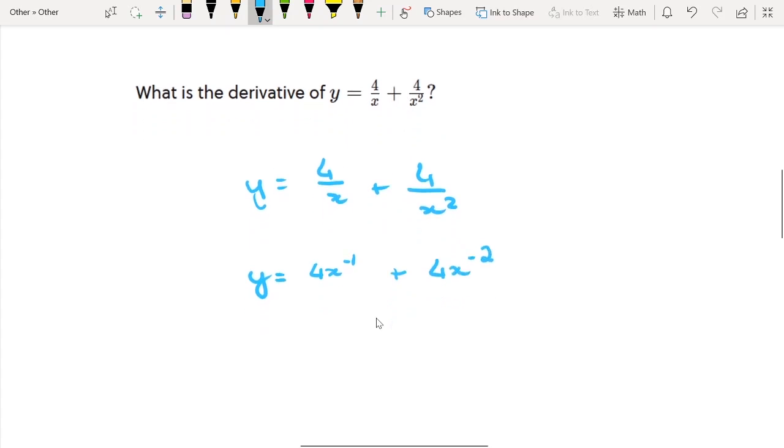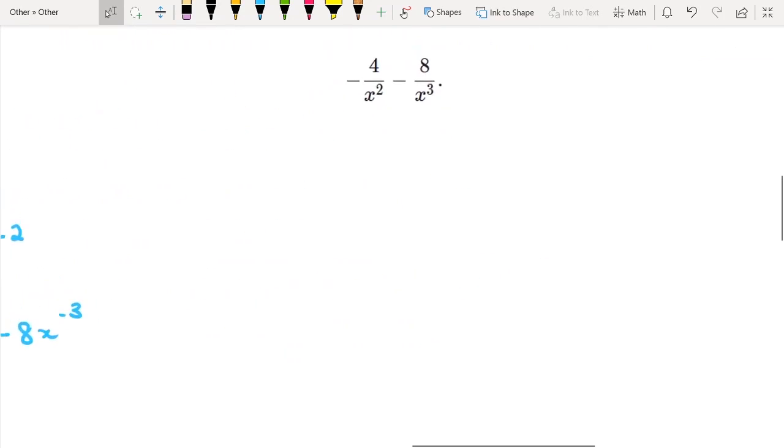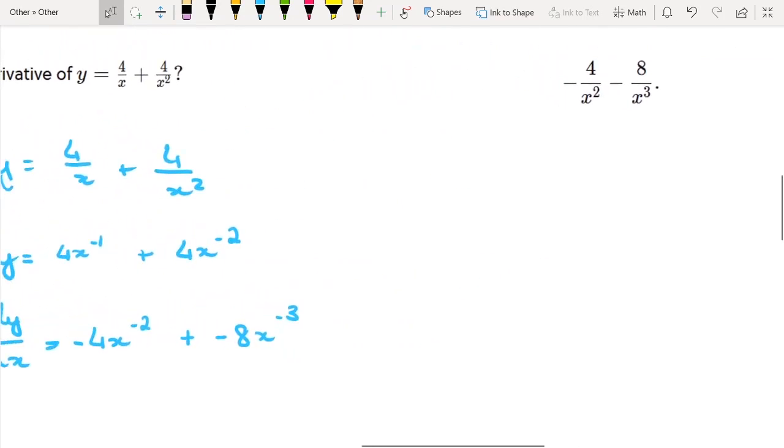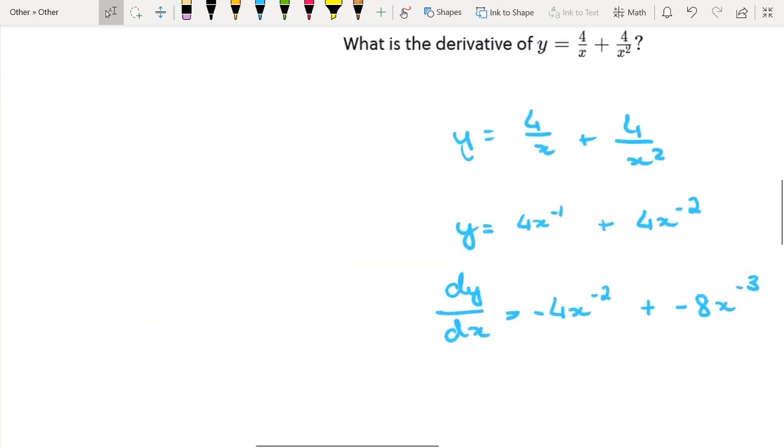Then I can differentiate it: dy by dx equals multiply by the power, minus 4, reduce the power by 1, to the power of minus 2. Now here, multiply by the power, minus 8, and then reduce the power by 1. So this is the correct answer, but you can also write it in fraction form. This is fine too, you can leave it like this.